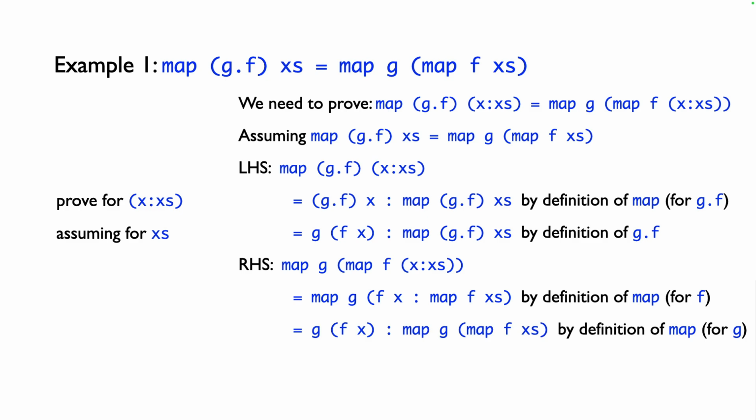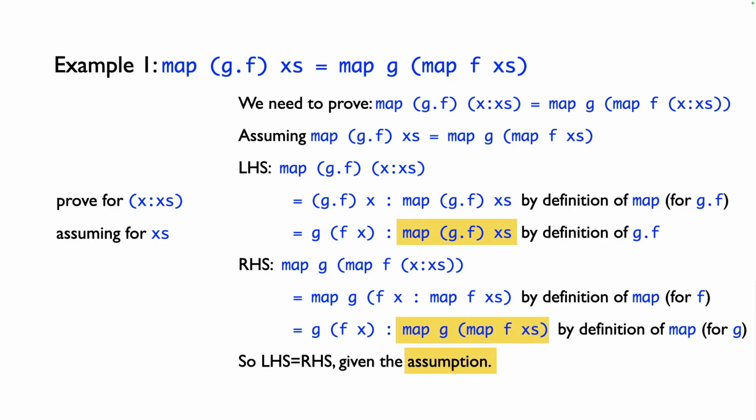So, where are we? We've got two lists, and we know that the first elements, the heads of those two lists are the same, namely g applied to f of x, but the tails are not. But we've got our assumption. And that says that map of g dot f applied to xs, we can assume is equal to map g applied to map f xs.